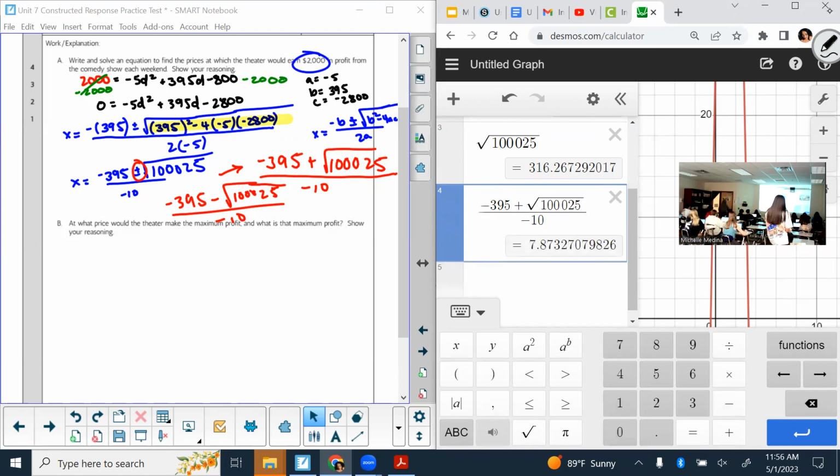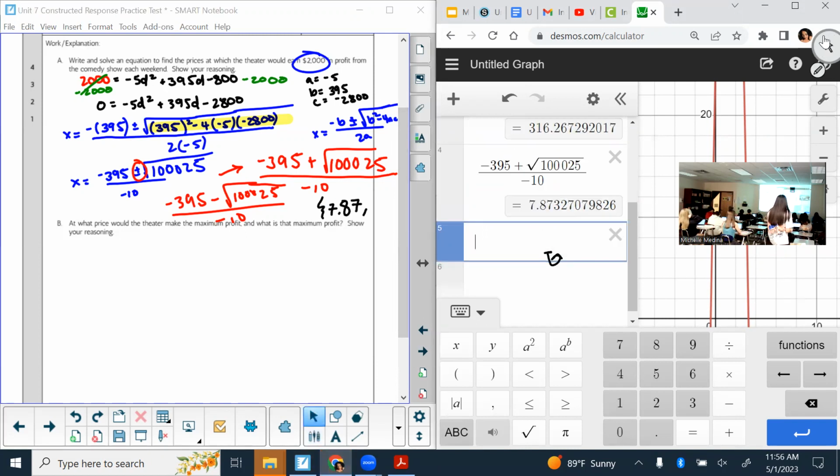So they're saying that in order to get that profit of $2,000, I need to make my ticket price, make it look like money, so where would I round to? So 7.87.